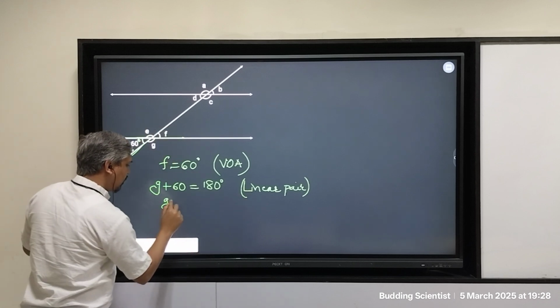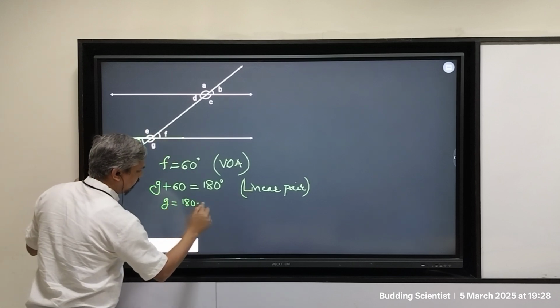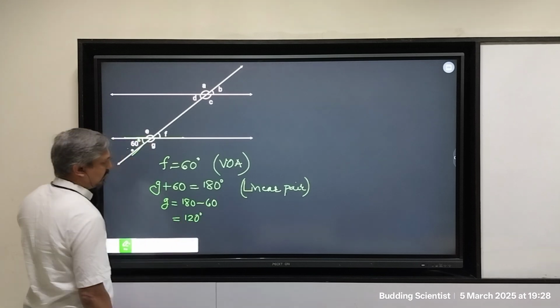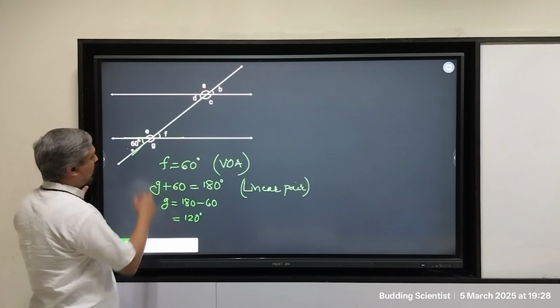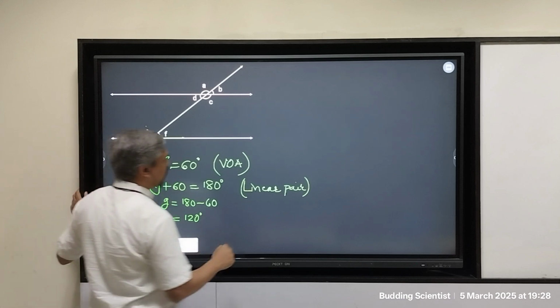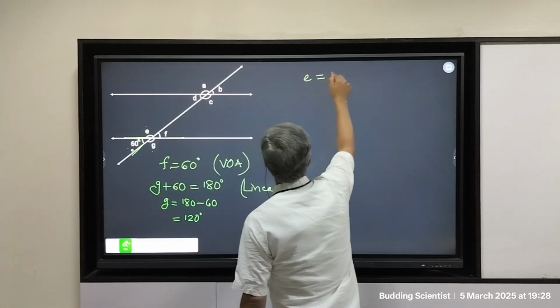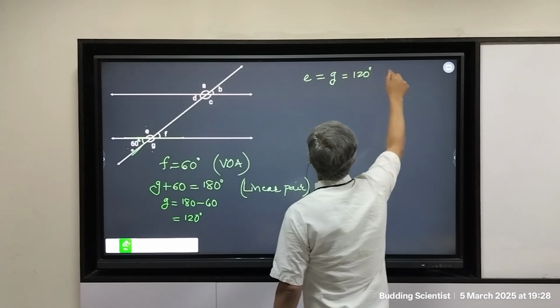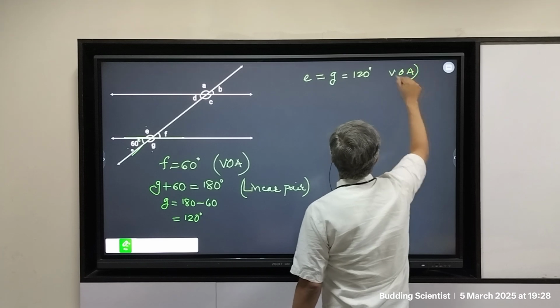So G is equal to 180 minus 60, which is 120 degrees. And if G is 120, E will be 120 because E is equal to G. E is equal to 120 degrees because they are vertically opposite angles.